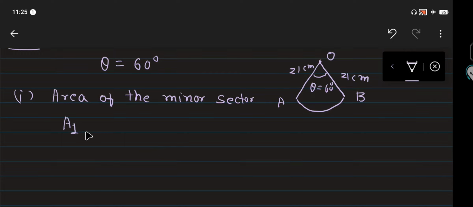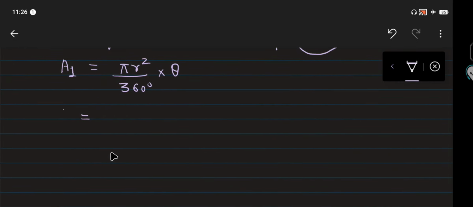Let's call it with capital A1. Okay, let's push the value.